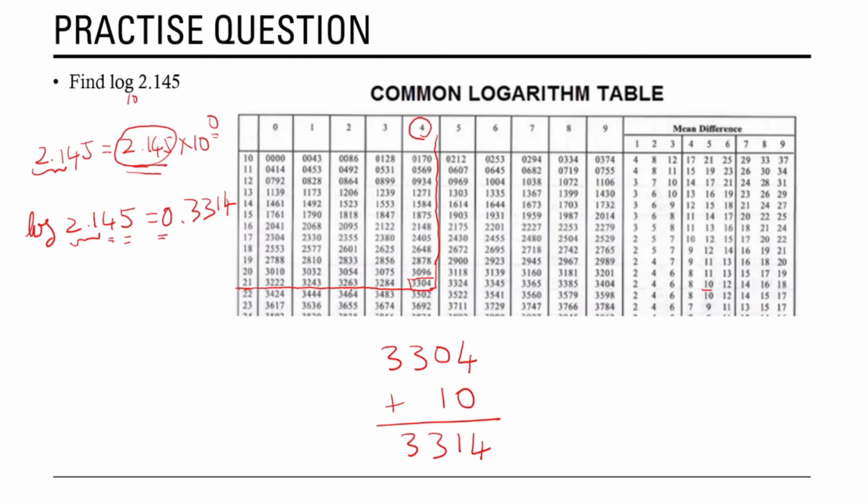The number is 3304. The mean difference corresponding to the same row 21 is 10. We add that to the number we already got. On adding 10 to 3304, I get 3314. So log of 2.145 is 0.3314.